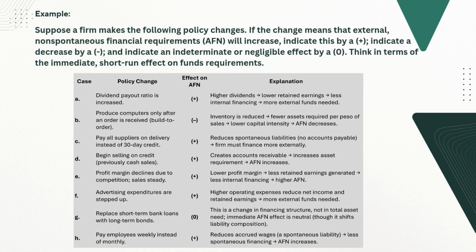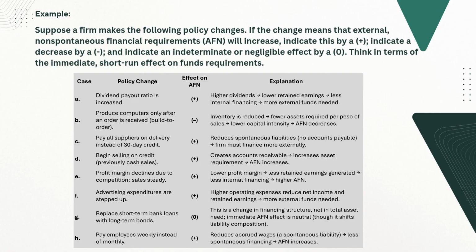Next, pay all suppliers on delivery instead of a 30-day credit. So the effect is positive. This reduces spontaneous liabilities like accounts payable. Before, the company could use supplier credit as temporary financing.